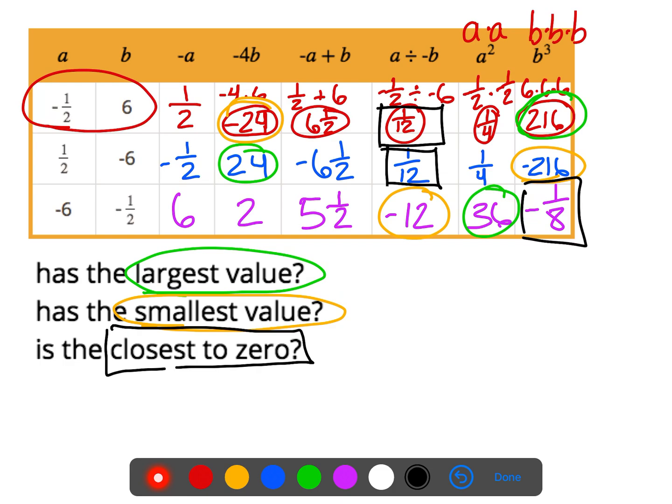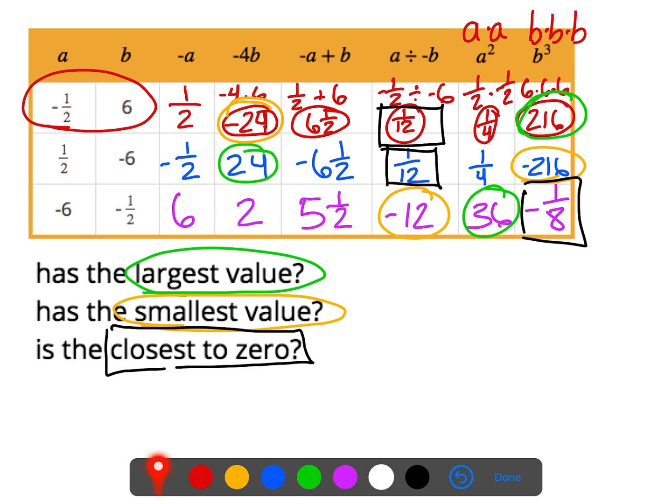Now, looking at those and kind of trying to recognize some patterns here, what do you notice? Hopefully you notice that our largest values, which were all circled in green here, two of them were our exponent numbers. And I think a lot of that has to do with how exponents work.